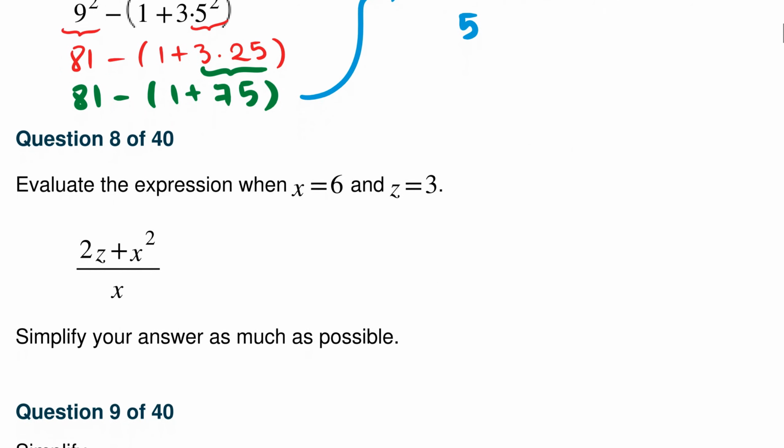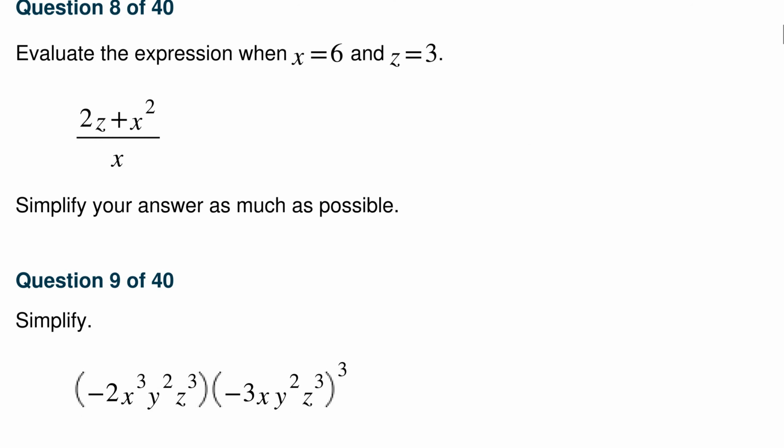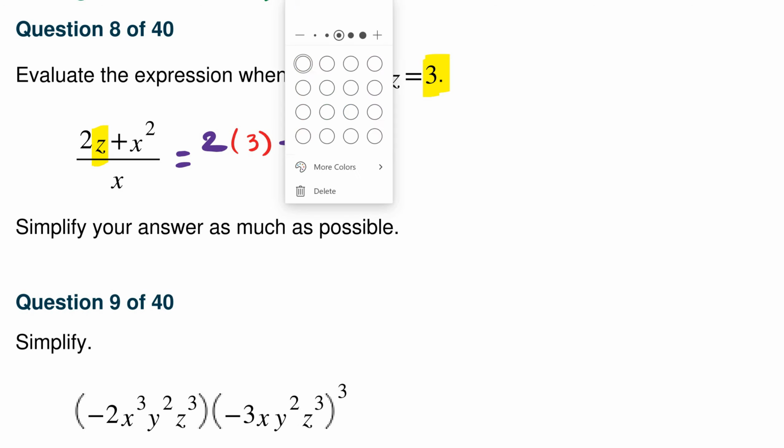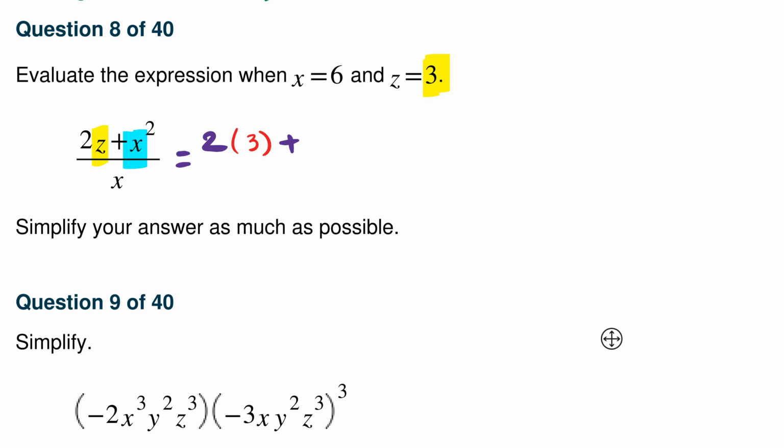Alright, problem 8. They give you x equal to 6 and z equal to 3, and they ask you to evaluate the expression. So all we have to do is plug them in. 2 times z will be replaced by 3. Make sure you put it in parentheses. Plus x will be replaced by 6.